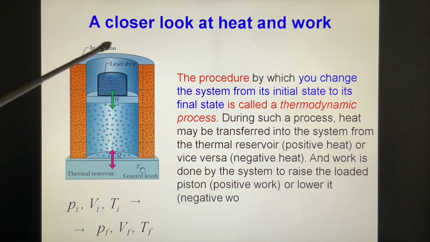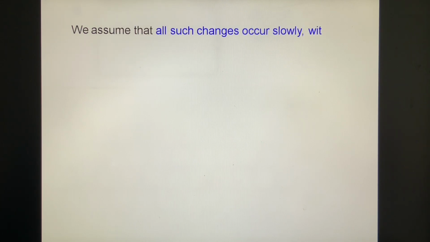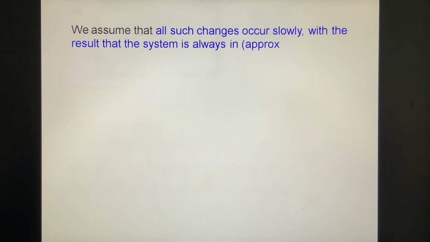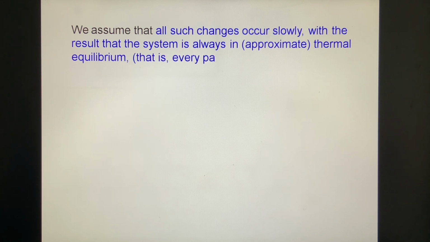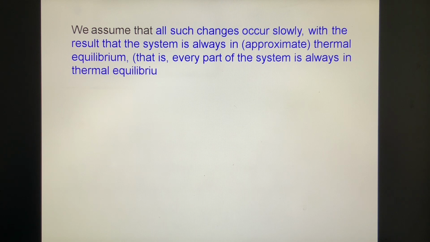This is positive work. Or lower it, negative work. We assume that all such changes occur slowly, with the result that the system is always in approximate thermal equilibrium. That is, every part of the system is always in thermal equilibrium with every other part.